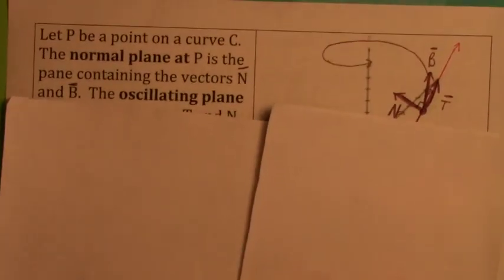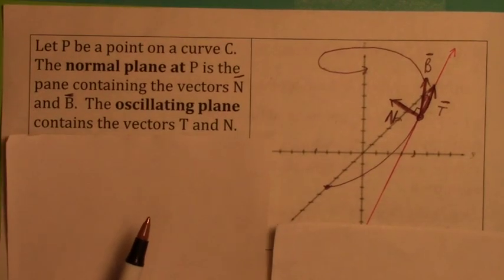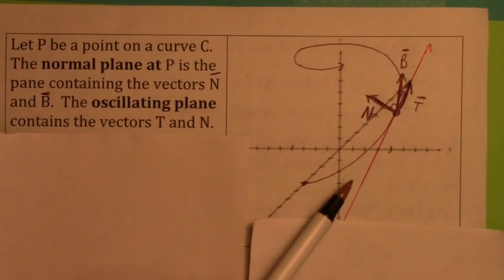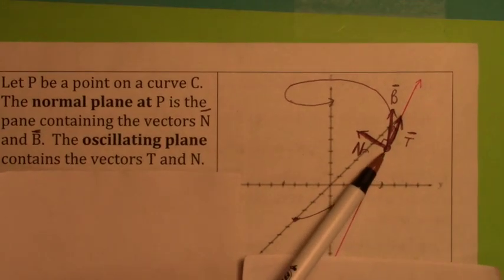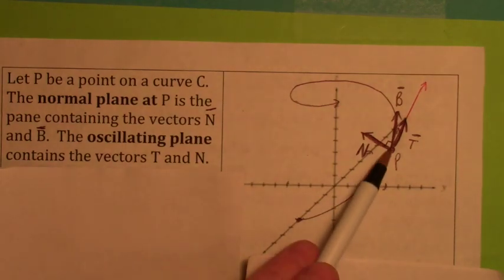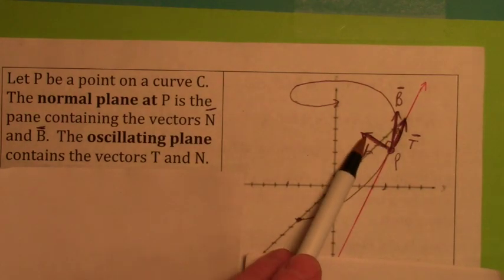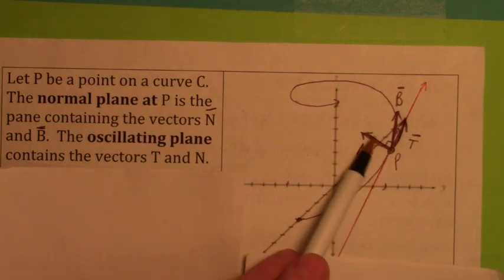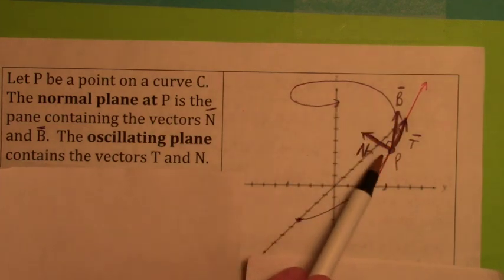All right, last thing here. We can talk about two planes. Well, first of all, think of it like this. If you have a point P here, the tangent vector is going to be tangent to the curve along the tangent line. The normal vector will be inside the curve, bending in the direction in which the curve is bending.